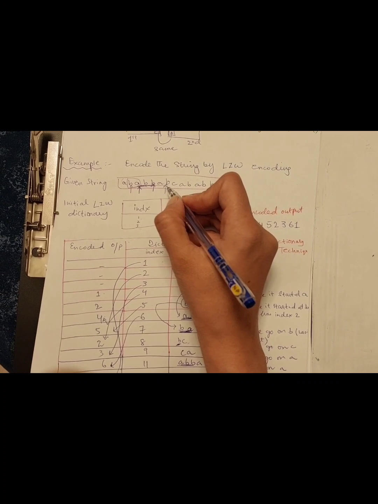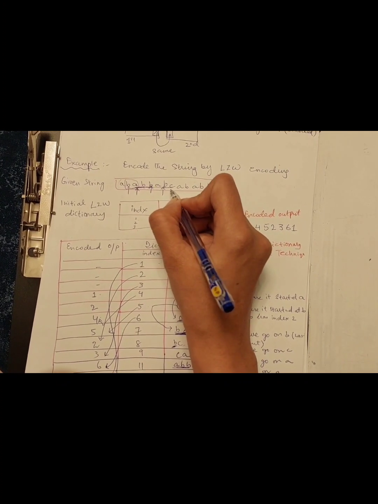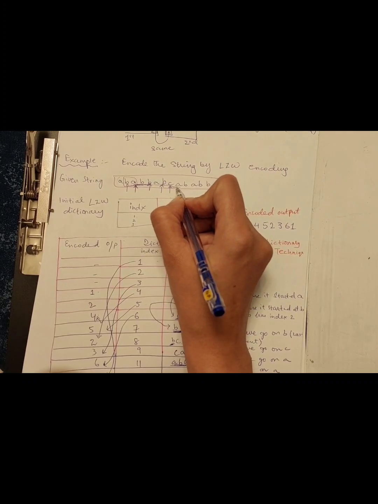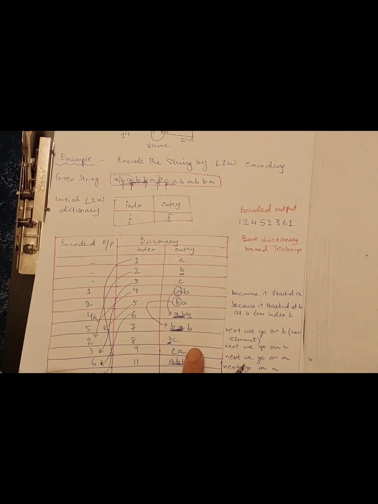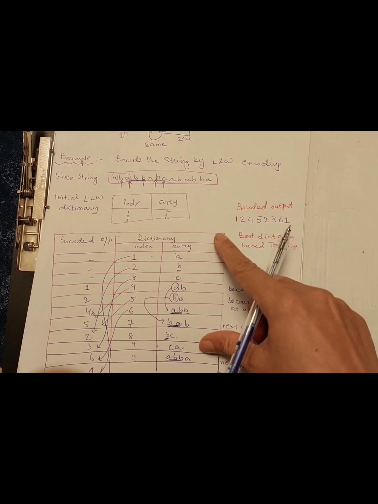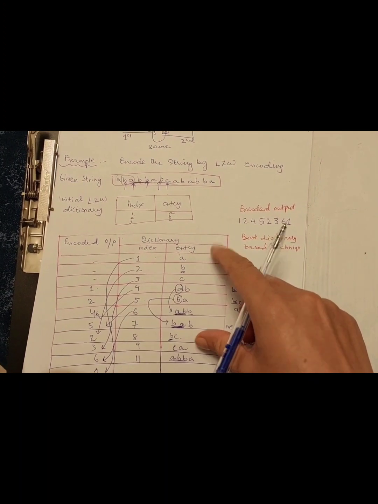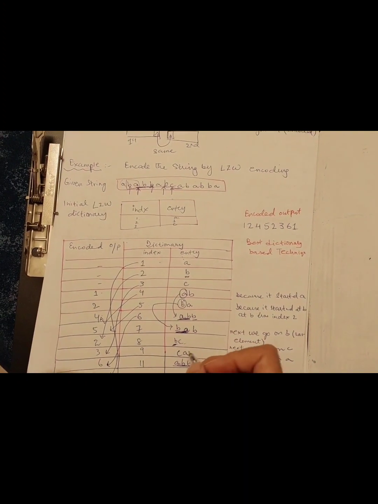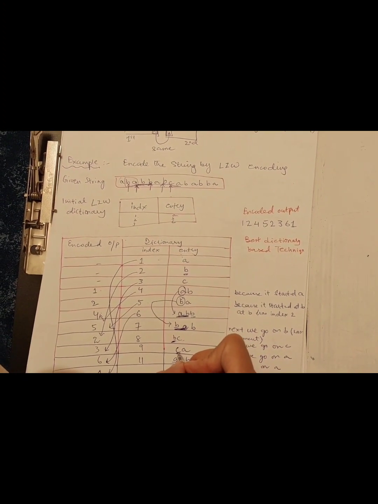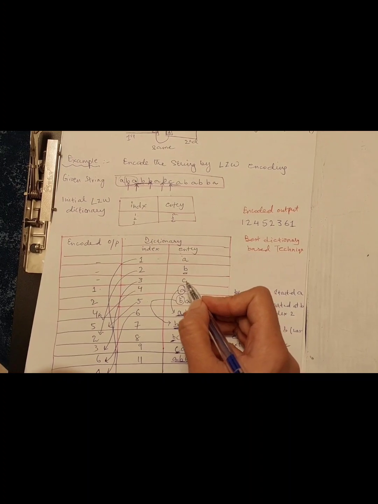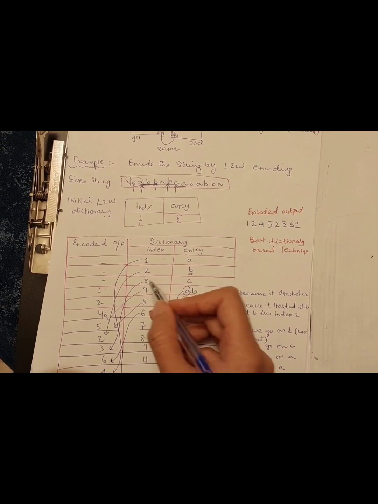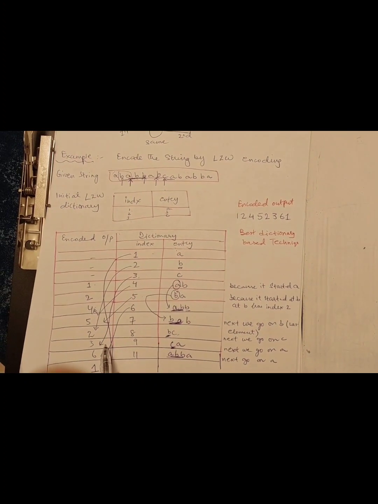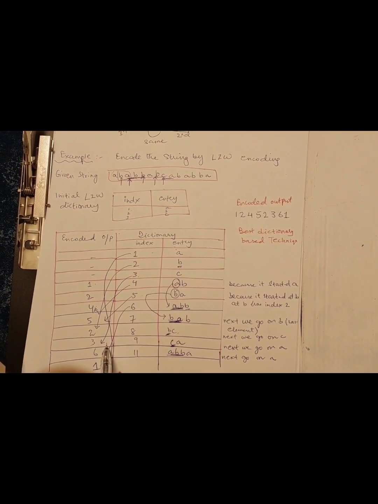Okay, so now I will bring my pointer here on C, and I can consider this CA together, and I will place them here because you know CA was not in the table previously. For CA you can see that the first data entry is C, and for C we had the index equal to 3, so this 3 will come down here as the encoded output.